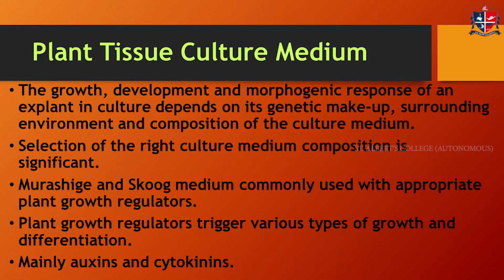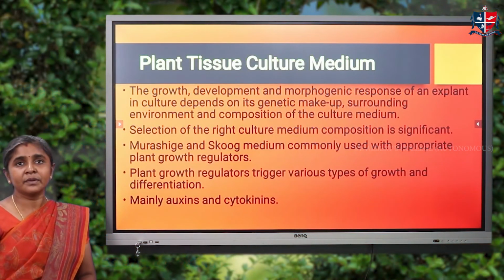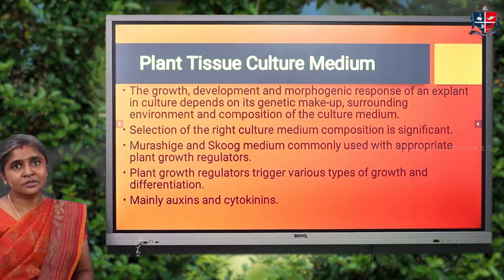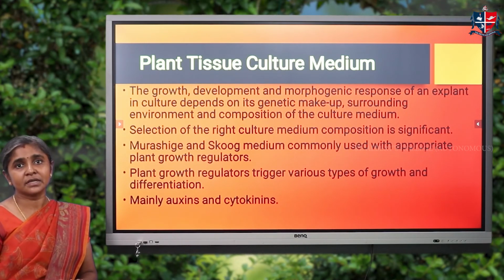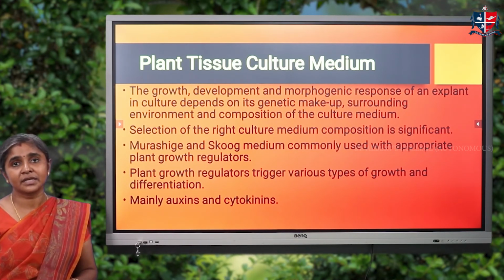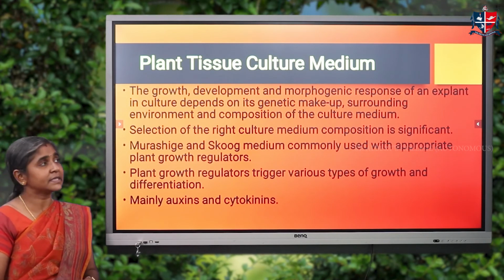Now the last one is plant tissue culture medium, which is of utmost significance as far as tissue culture is concerned, because we put the plants directly in the tissue culture medium. So the medium composition is something that has to be taken care of with due seriousness.